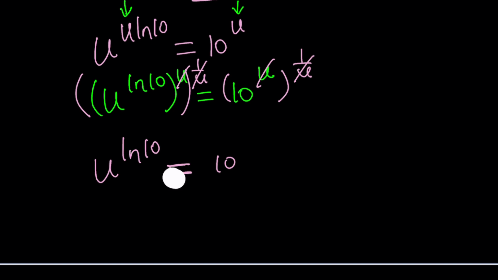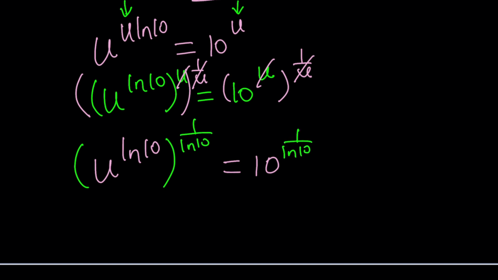So let's leave some space here and write it like this maybe. And then we're going to go ahead and raise both sides to the power 1 over ln 10, and these two are going to cancel out, and we're going to end up with u.